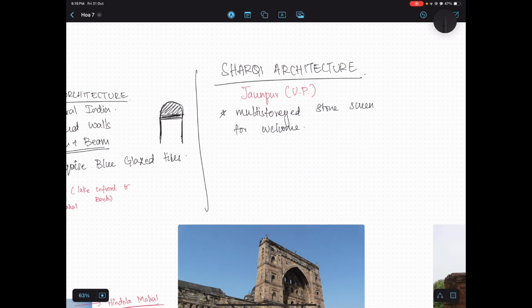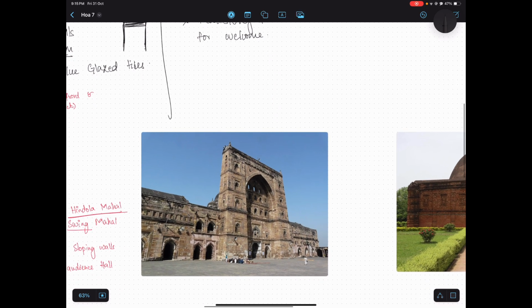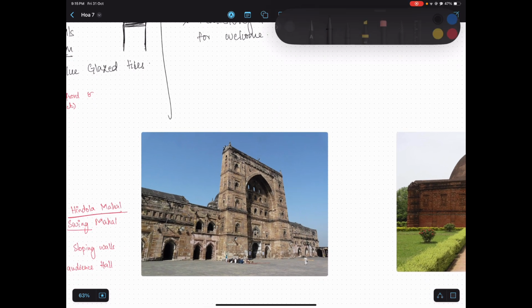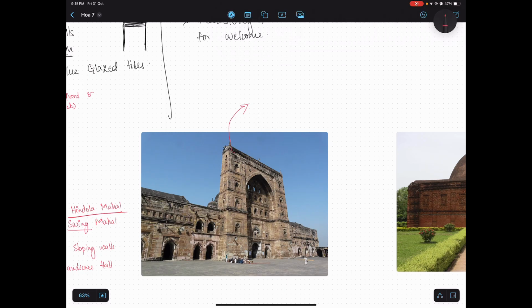See, this is the stone screen covering the Jama Masjid or Jami Masjid in Jaunpur. And this stone screen is said to be five storeys high.